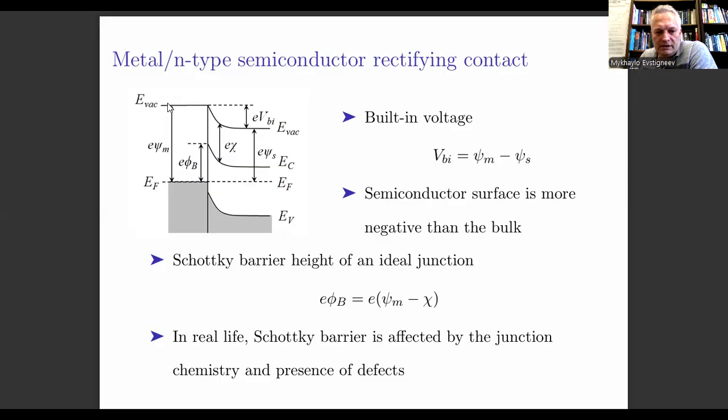So geometrically, it is the metal work function, minus this energy difference, which is the electron affinity of the semiconductor, the difference between the vacuum energy and the conduction band edge energy in the semiconductor. This is your Schottky barrier.